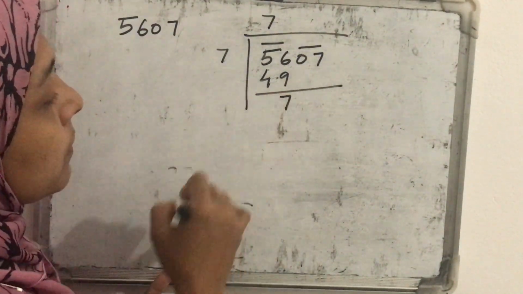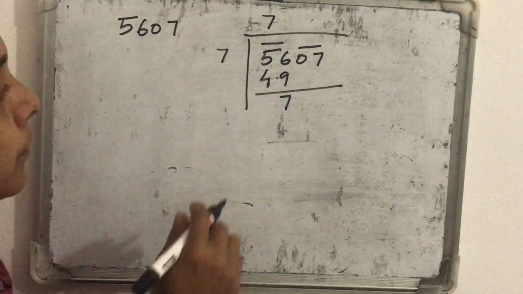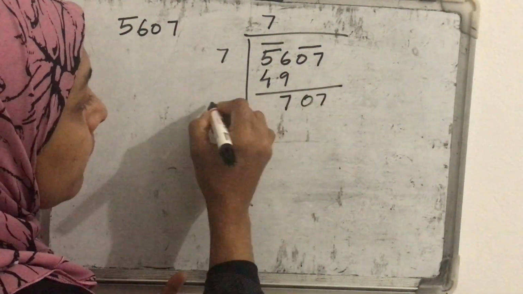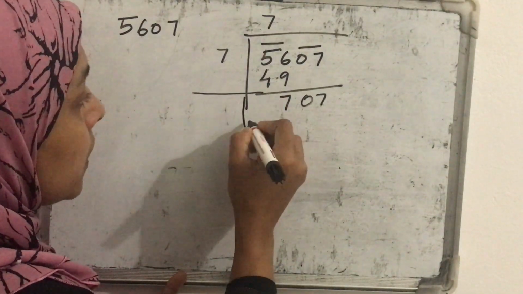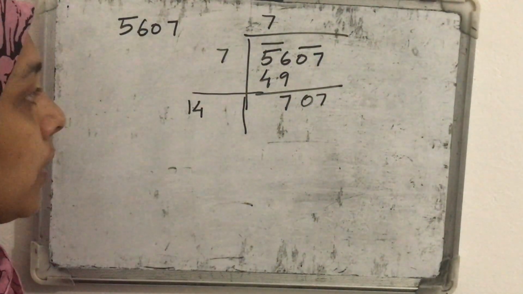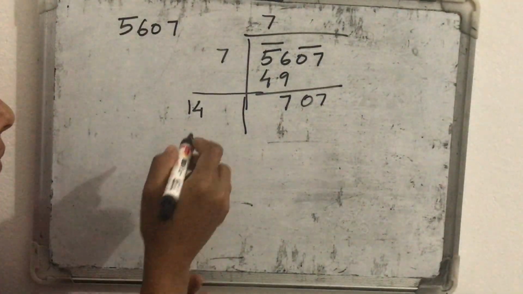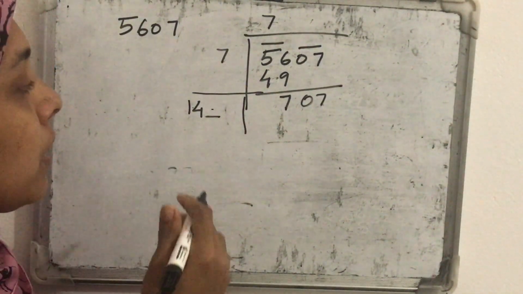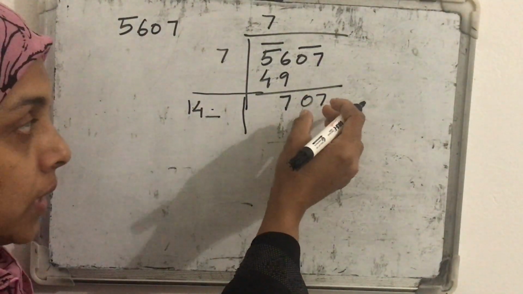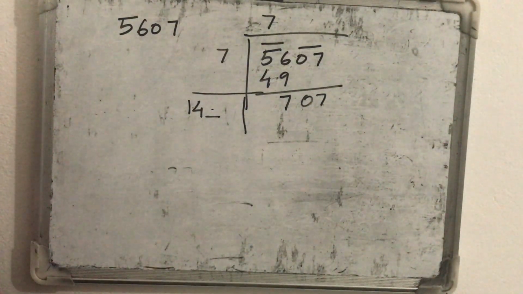Balance is 7. Next bring down 07. Then find the double of 7, that is 14. Which number should we write here so that when we multiply it, we get 707 or just below it?